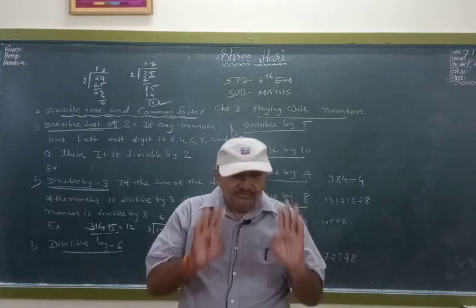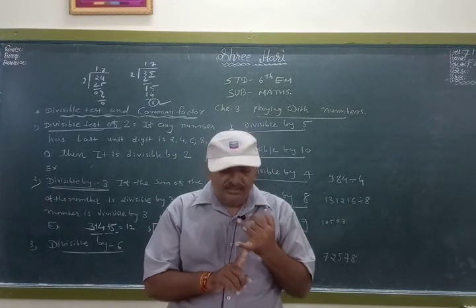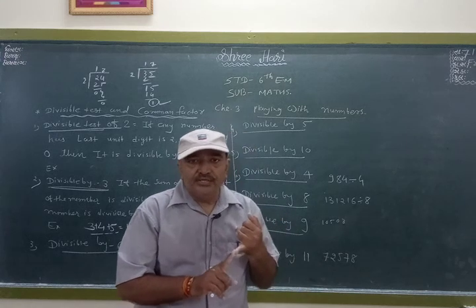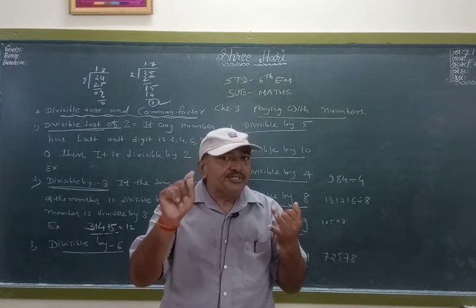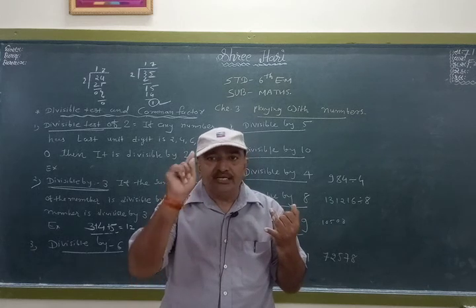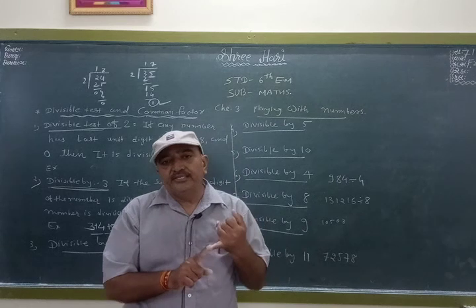Friends, we studied 3 keys: 2, 3 and 6. What is the key of 2? If any number has last unit digit 2, 4, 6, 8 or 0, then we can divide this number by 2.